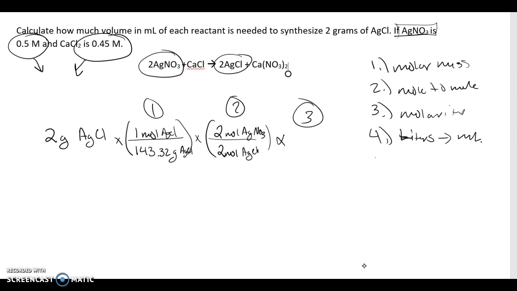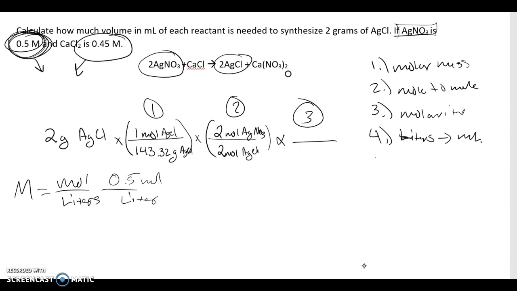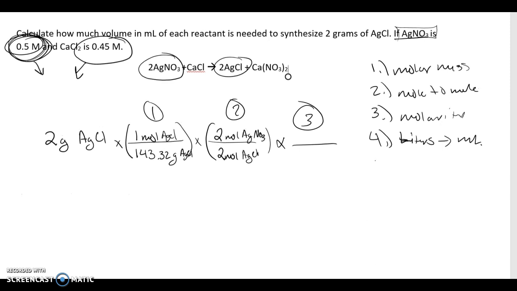Step 3 is now your molarity, and that's when we use this guy here. So molarity, recall, is equal to moles over liters. So in this case, we have 0.5 moles for every liter of solution. Okay, so with that said, let's go ahead and use that as a conversion factor. So we have 0.5 moles per every liter of solution.